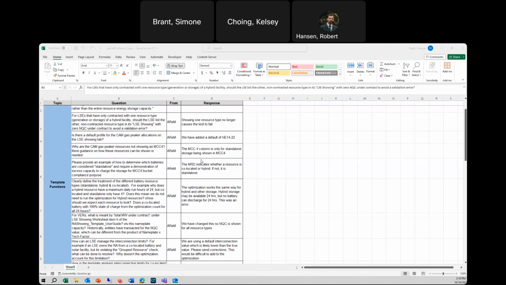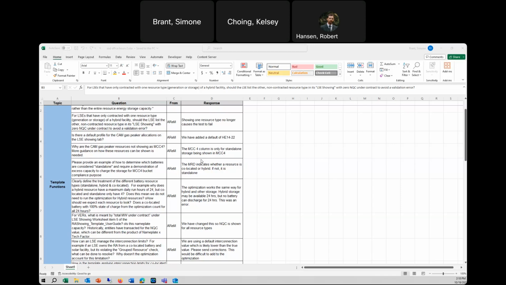The optimization routine doesn't really consider the daily run hours from the resource database. That's handled in the validation test. And I'm not familiar with how those values are determined going into the database.